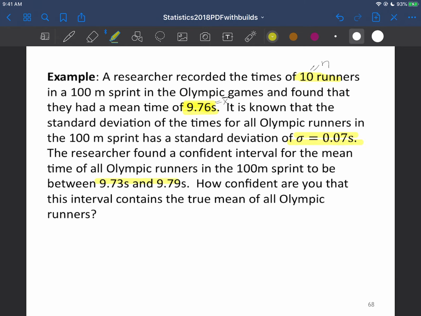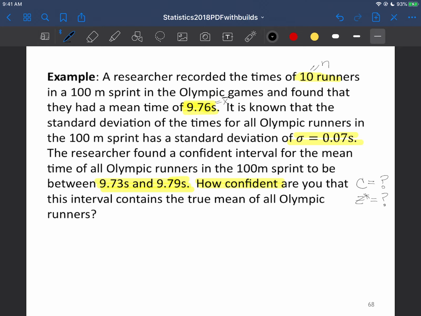And we know a confidence interval was computed to get 9.73 to 9.79 seconds. What do I want? I want to know how confident I am. So I'm looking for the confidence level C, which in turn means that I don't know the critical value Z.